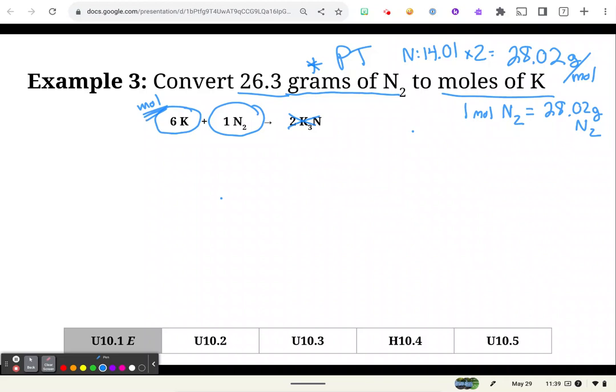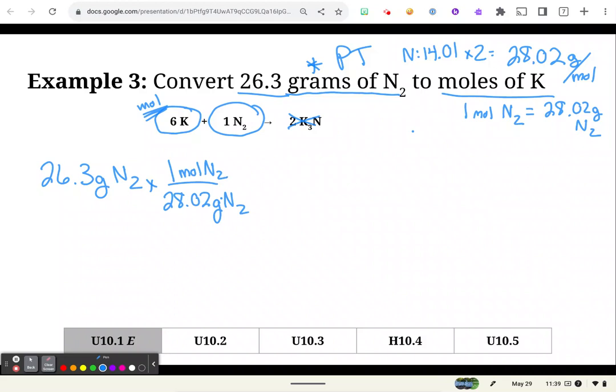So I'm going to start with the number the problem gives me, 26.3 grams of N2. All right, and again, I'm trying to use this 6 and 1 in the chemical equation, but I can't do that yet because I'm in grams. So to get out of grams of nitrogen, I need to put the grams of nitrogen on the bottom. So for every 28.02 grams of nitrogen, I know I have 1 mole of nitrogen.